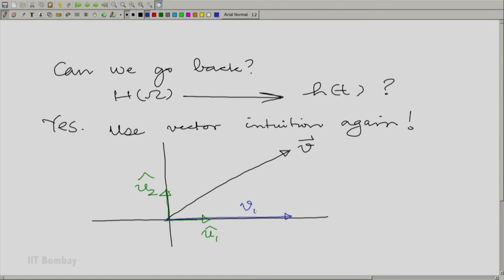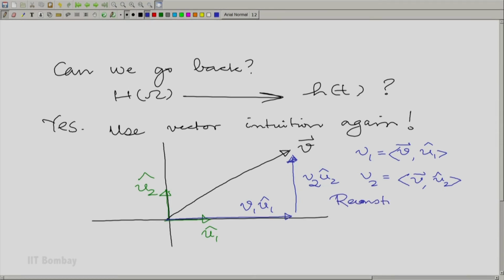This is v1 times u1 cap, and this is v2 times u2 cap, and v1 clearly is the inner product of v with u1 cap, and v2 is the inner product of v with u2 cap. We can reconstruct v as v1 u1 cap plus v2 u2 cap.